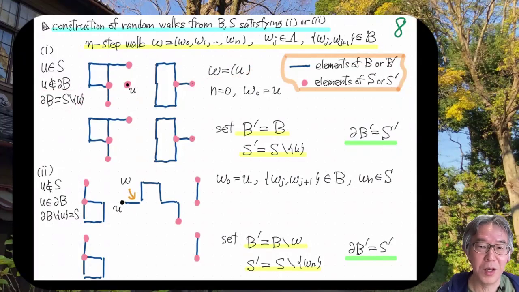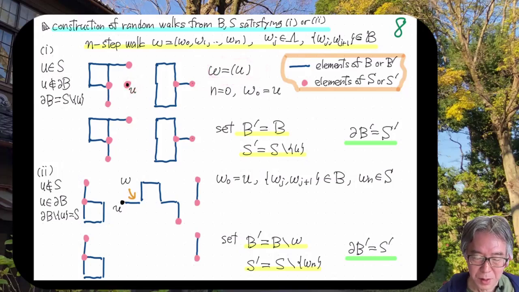It doesn't do anything. It's a zero-step walk, and omega 0 is equal to u. So this walk itself simply consists of one site. It's a walk which still has not started walking. So it's here.